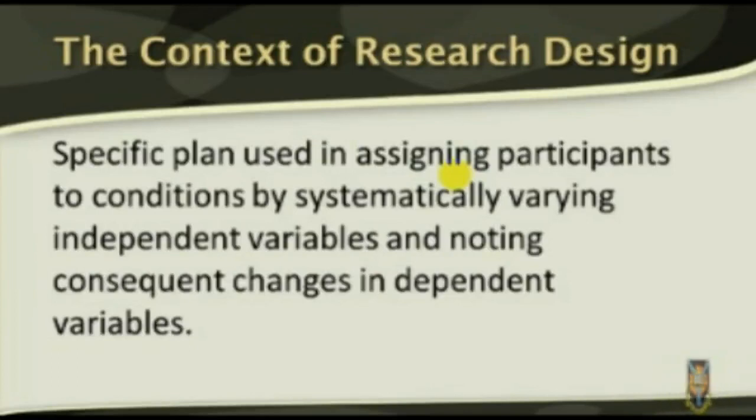This definition distinguishes the design from method of statistical analysis. Many students make the mistake of confusing research design with statistical analysis. Experimental design has also been used to include all of the steps of the experimental plan.